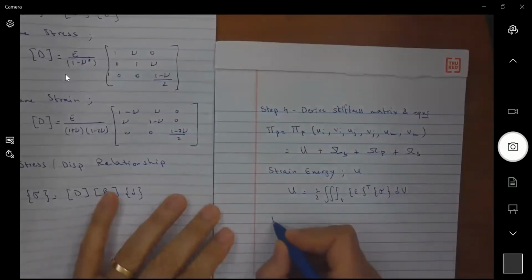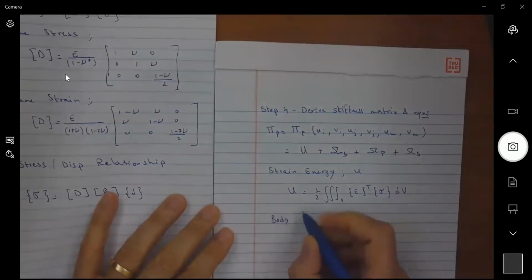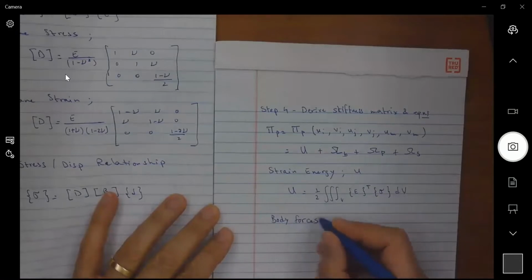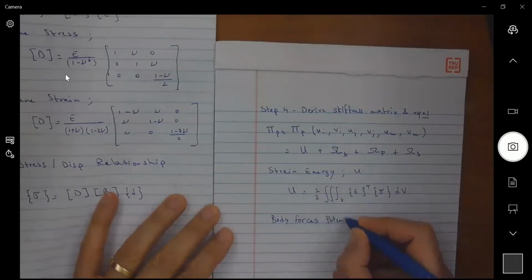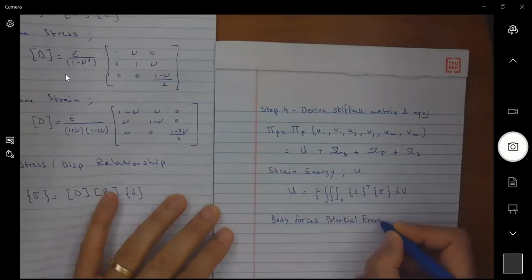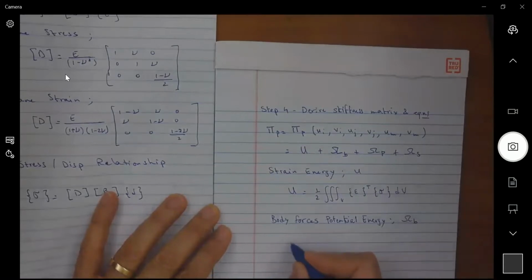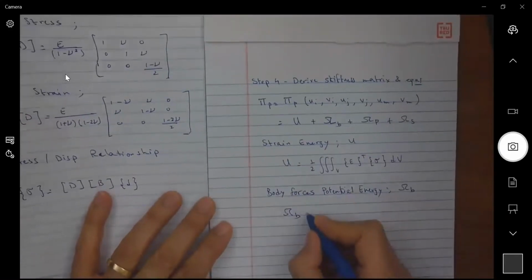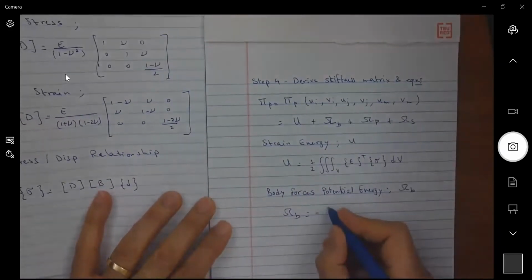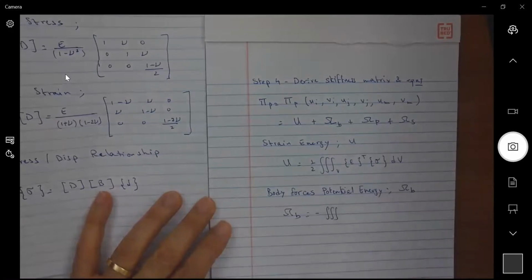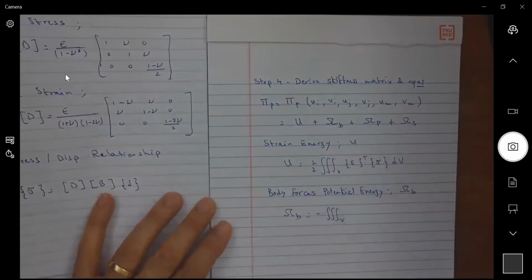For body forces, potential energy, gamma B. Gamma B is equal to minus the triple integral over the volume.